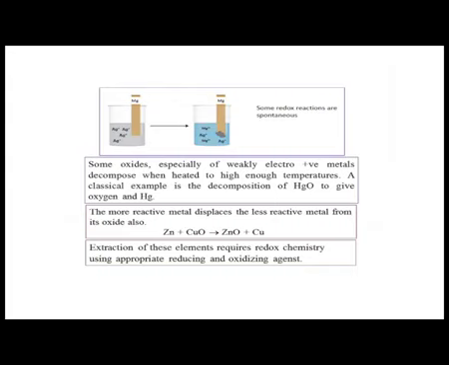A very classic example is the decomposition of HgO, the mercuric oxide. In the inorganic chemistry laboratory classes, we see that we can identify a sample of mercuric oxide by heating it, where it decomposes into oxygen and the mercury metal itself. That means the oxygen will be eliminated from the system.